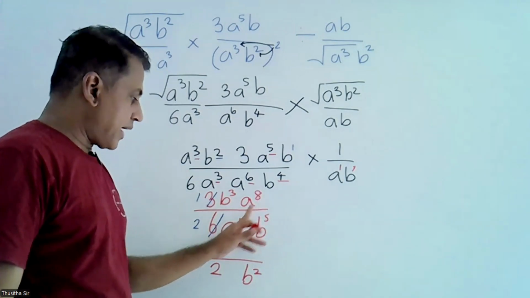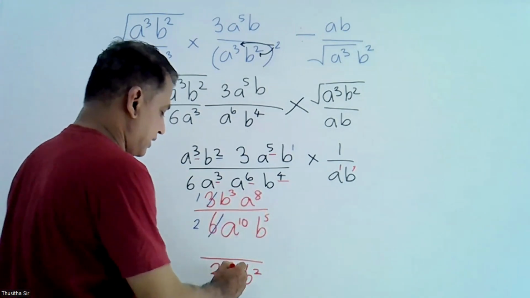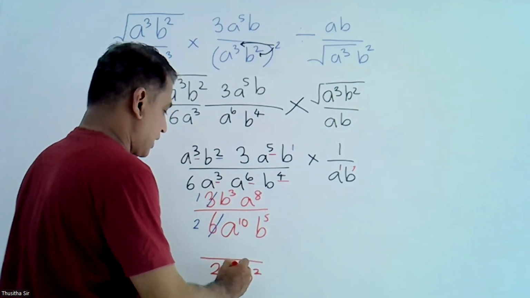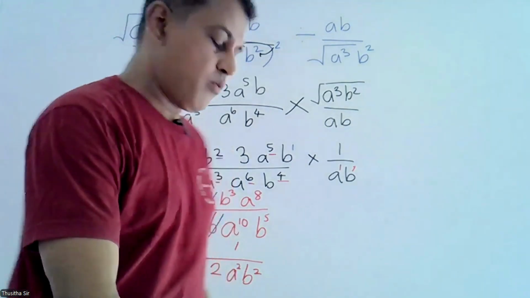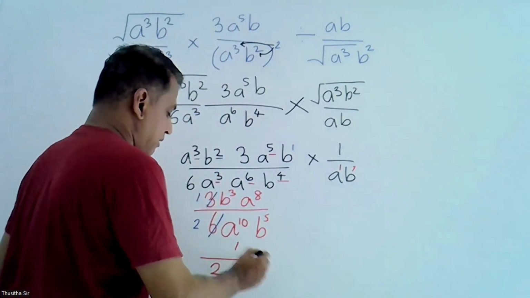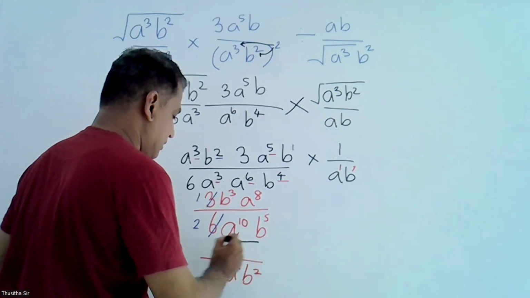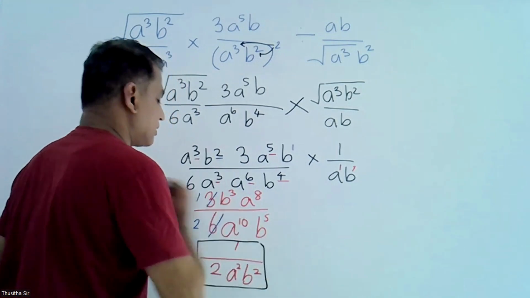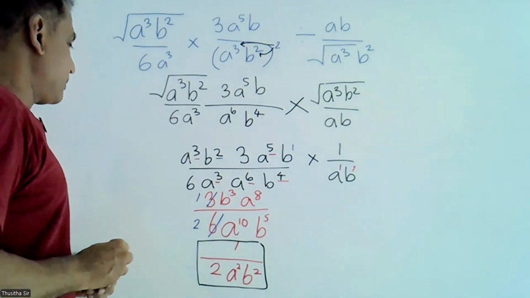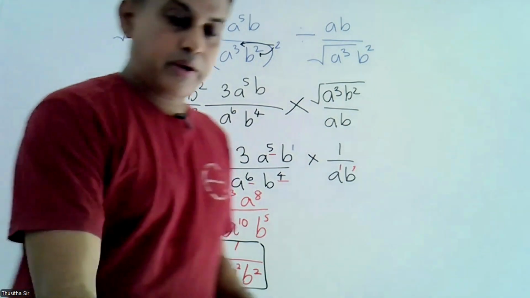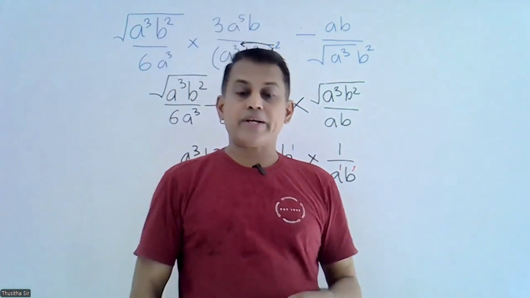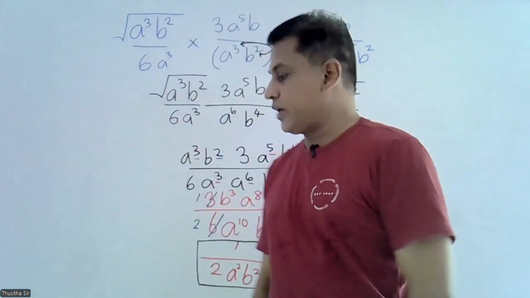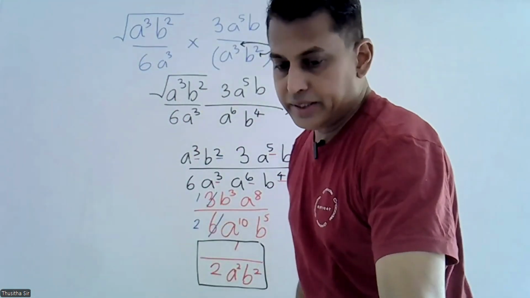Then I can again subtract. 10 minus 8 is again 2. And what is left is only 1 now, right? What is left is only 1. So this is the final answer of this question. So that's how we can do this kind of algebraic expression, right? So see you again with another lesson next time.